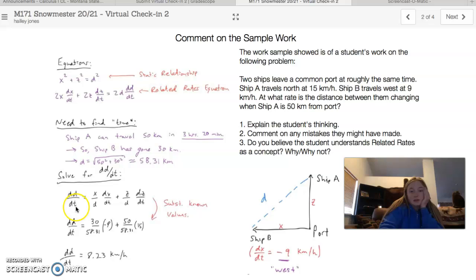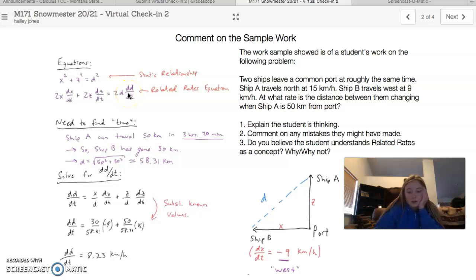And then also, they solved for dd/dt, but they completely changed the equation that they had up here. They should just be plugging in the x and the z and the d that they figured out already, and then putting in the rates for x and z, and we don't have the d rate, which is what we're solving for.